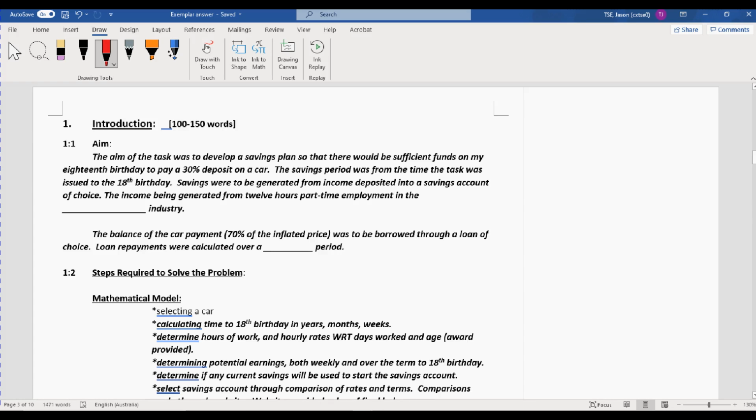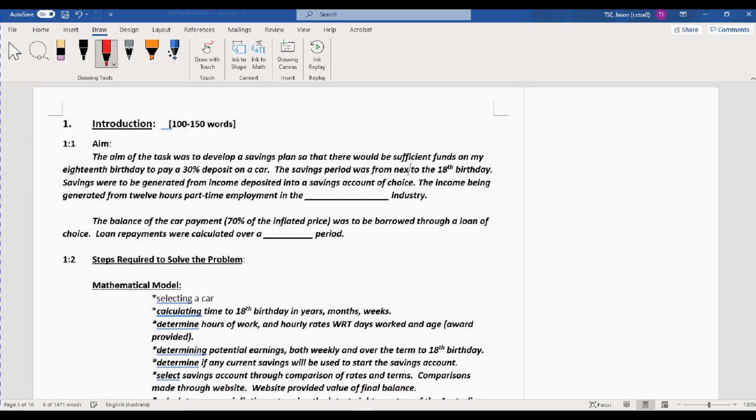The saving period was from next year. So I change this part to next year.